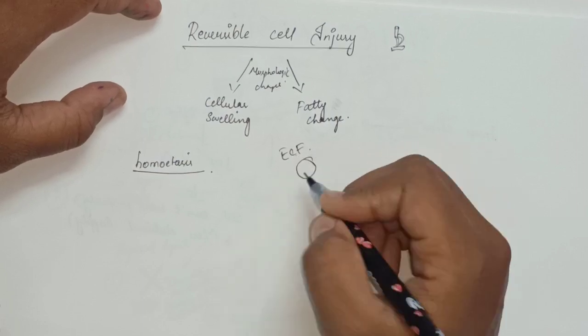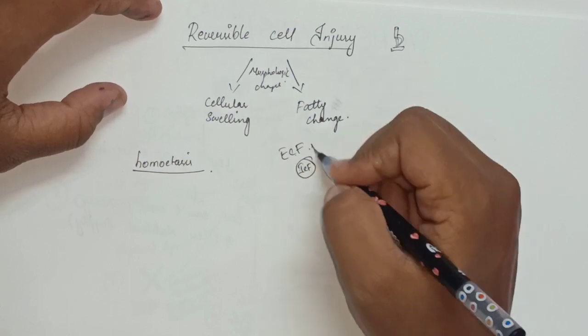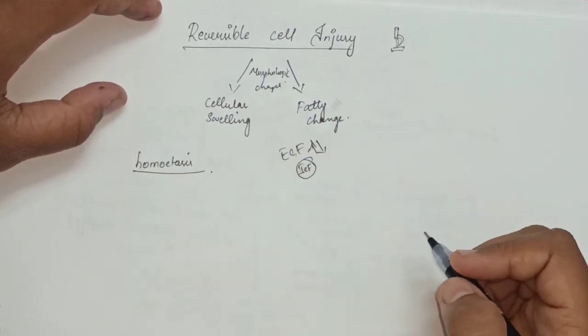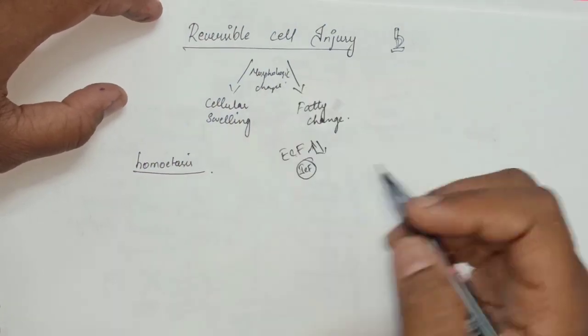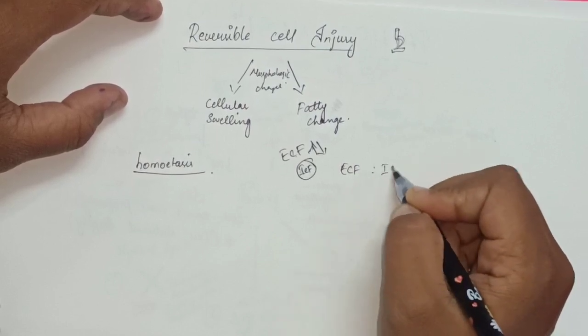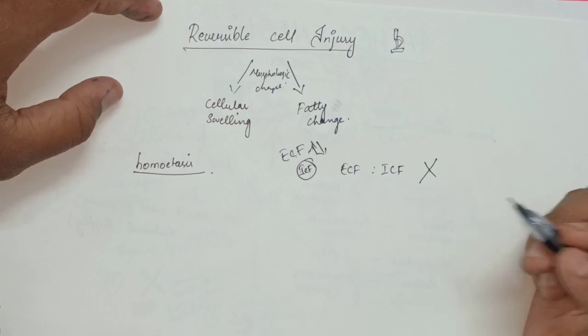Homeostasis is nothing but the maintenance of ICF and ECF, right? I'll tell you what homeostasis means in upcoming classes. There will be a proper ratio maintenance between ECF and ICF.